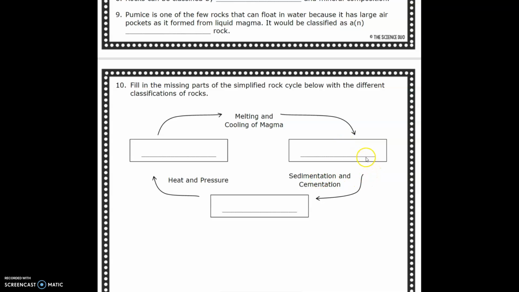If we have that rock break down into pieces and then come together again and be glued together, what type of rock would that be? Sedimentary. And if we put that sedimentary rock under a lot of heat and pressure, what type of rock would it be? Metamorphic.